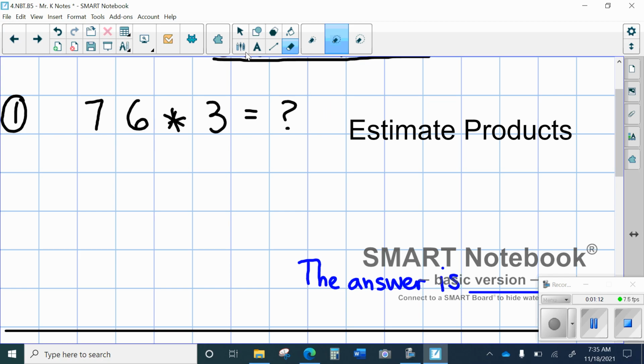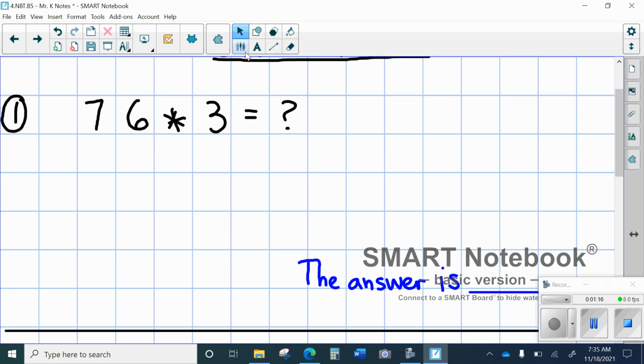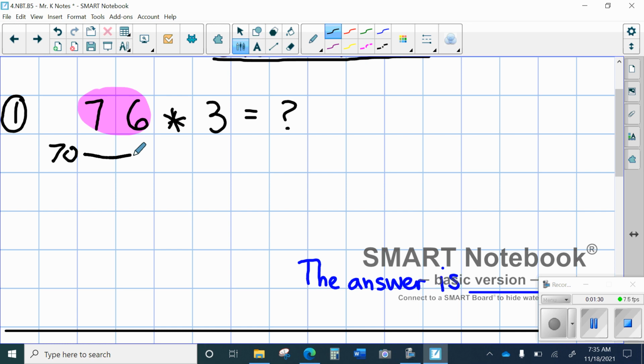In order to do that, first we have to start with the estimate part. So we have to look at the number 76, and we have to round 76. We have to ask ourselves, is 76 closer to 70, or is 76 closer to 80?